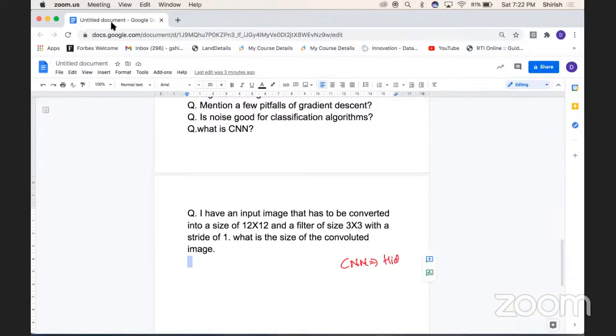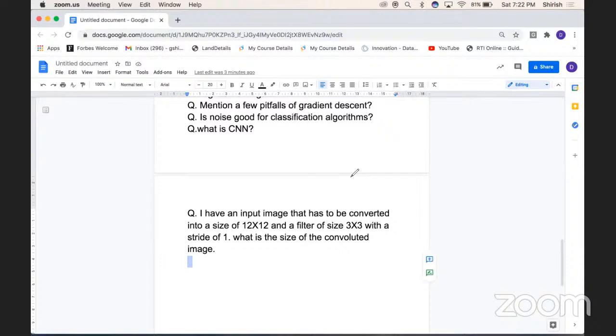You call those layers convolution layers. Hidden layers are nothing but convolution layers here. So we know the ReLU function, right?